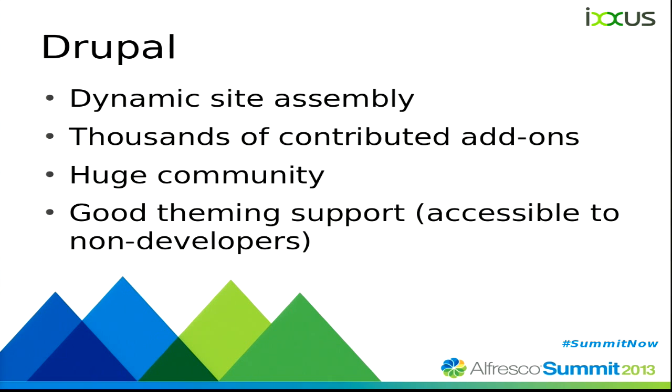For those who saw Dries' presentation earlier, there are thousands of contributed add-ons. What did he say? I think it was 15,000, which is a ridiculous number. But that kind of gives you an idea of how much is available out of the box for Drupal. That definitely comes with a health warning, though. 15,000 is a lot, but at one end of the scale, you might have an amazingly tested module that delivers a huge amount of functionality and gives you excellent performance and saves you hundreds of man days.